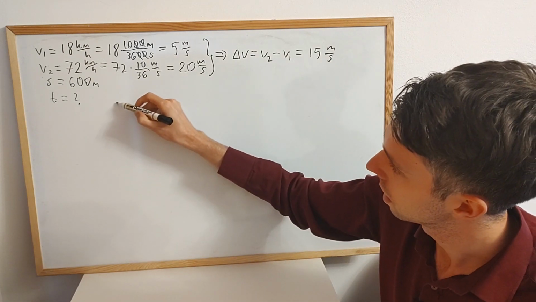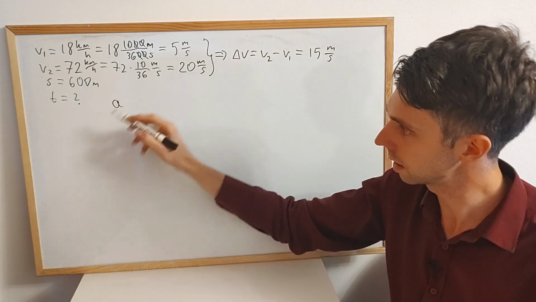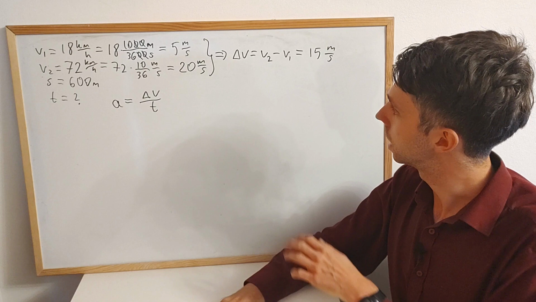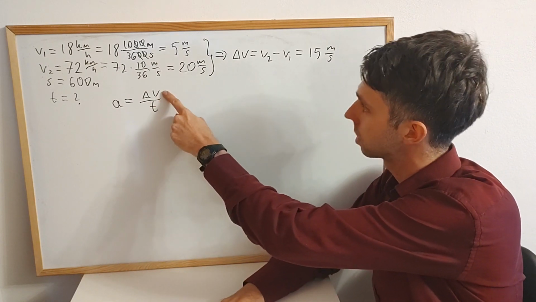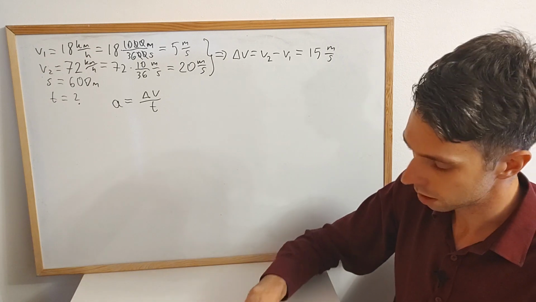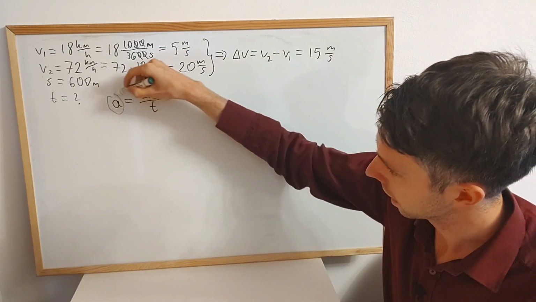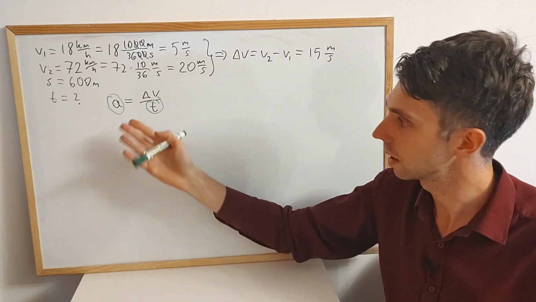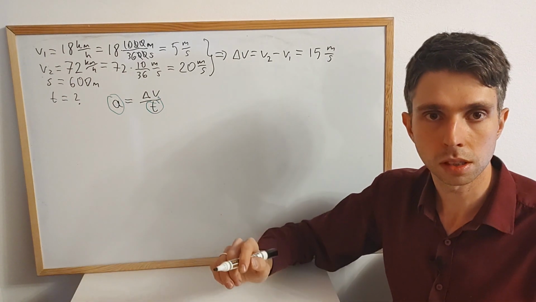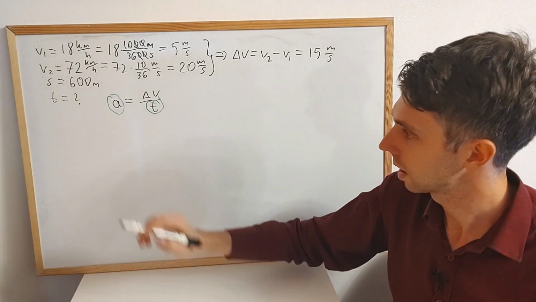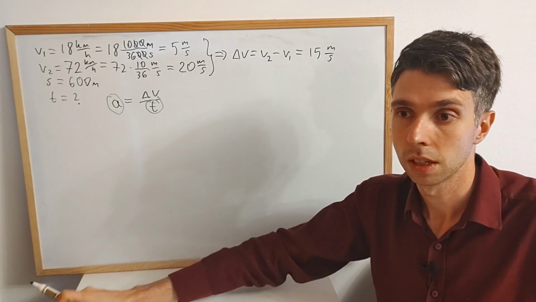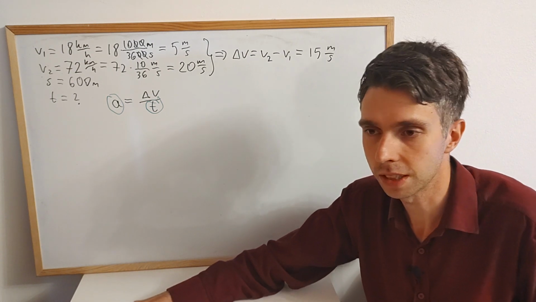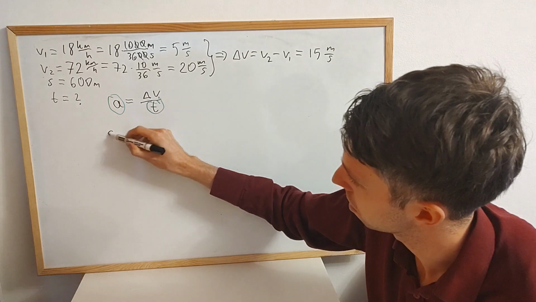So first of all, formula for the acceleration is change in speed divided by time. So I know what is change in speed, but we don't know what is acceleration and we don't know what is time, so we have two unknowns in one equation, so we definitely need second equation. Second equation can be another equation discussed in this topic, so distance in uniformly accelerated motion.